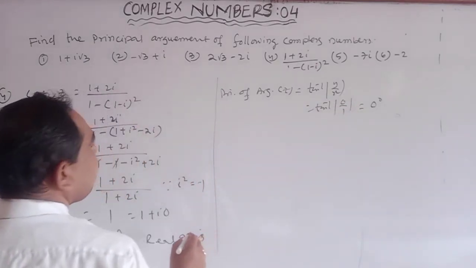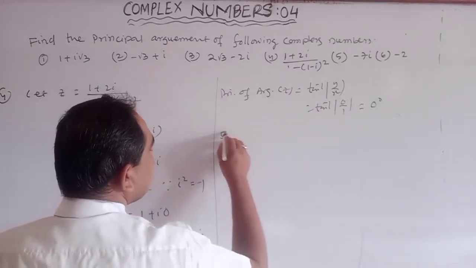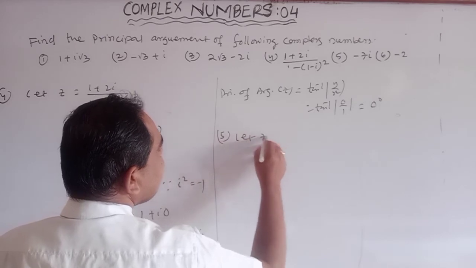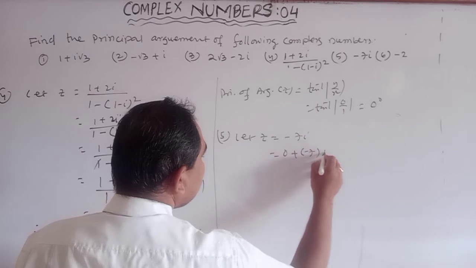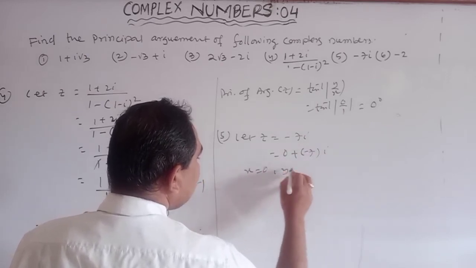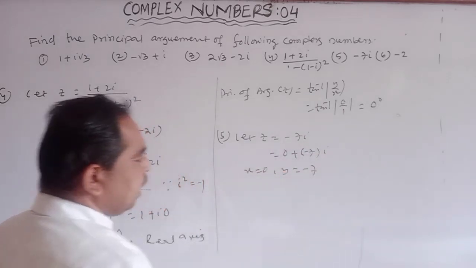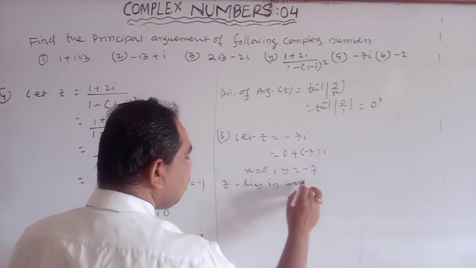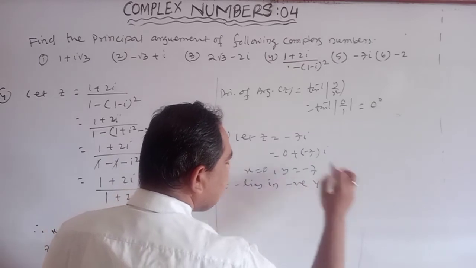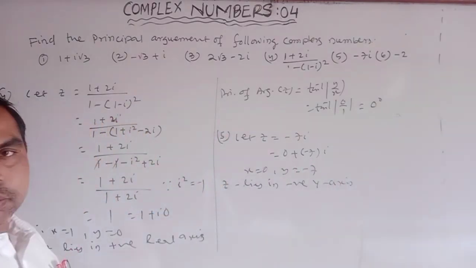Next, 5: let z is equal to minus 7i. So 0 plus minus 7 into i. So x is 0, y is minus 7. So z lies on the negative y axis.